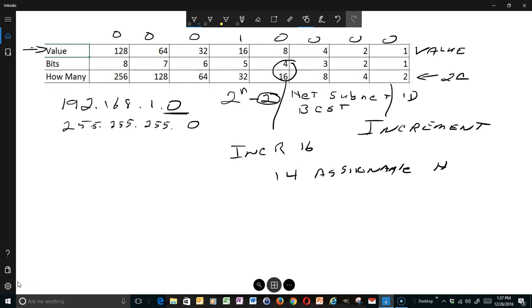So if we wanted to break it up and have at least 14 hosts in each of our subnets, then we could use 4 host bits and draw a line so that you can separate the network portion from the host portion when we do these things.